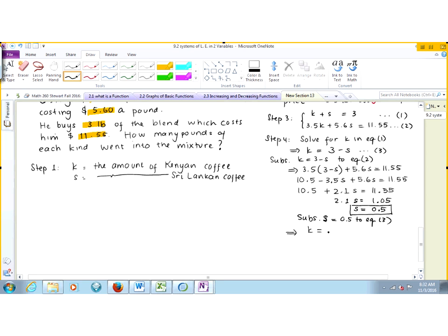Kenyan is 3 minus 0.5, so K is 2.5. Good. Sri Lankan, 0.5 pounds. Kenyan, 2.5.